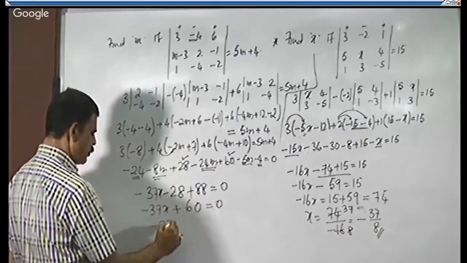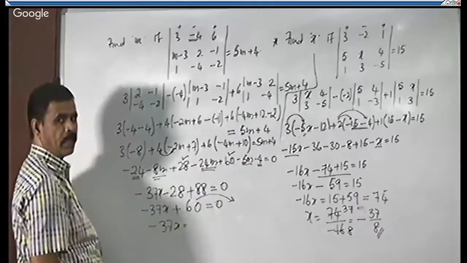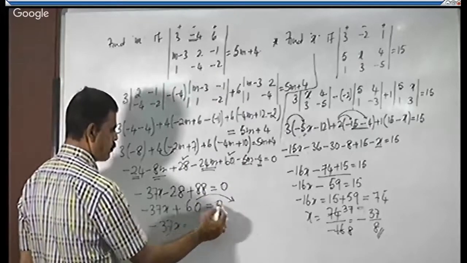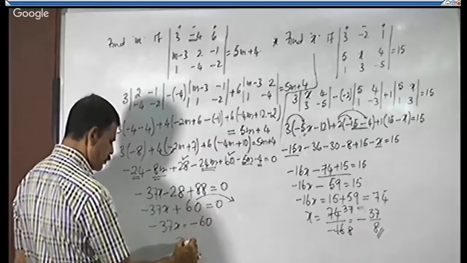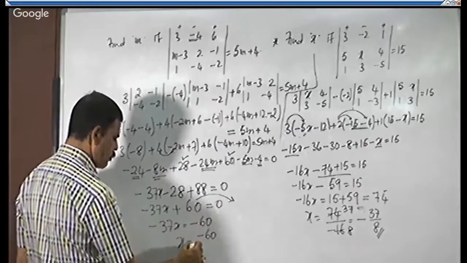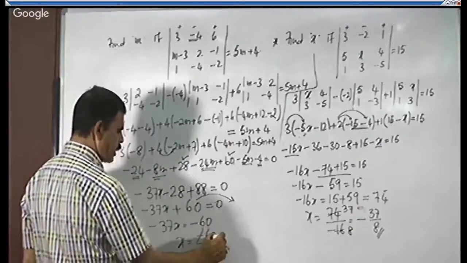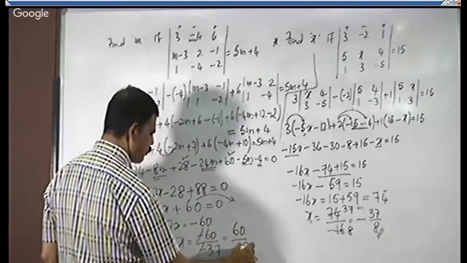Or minus 37m is equal to, take the plus 88, right side, transform it, its sign changes, it is minus 88. Therefore, m is equal to minus 88 by minus 37. Minus minus cancel. It is equal to 88 by 37.